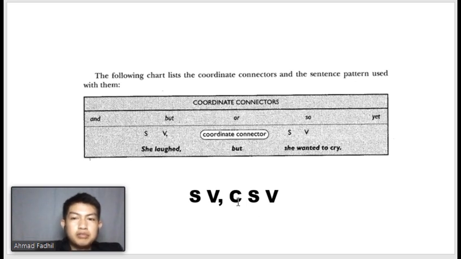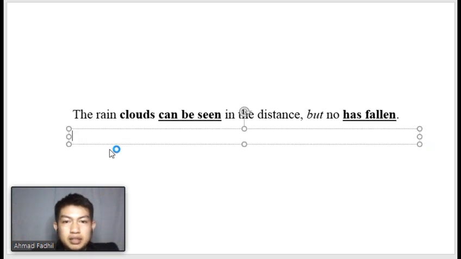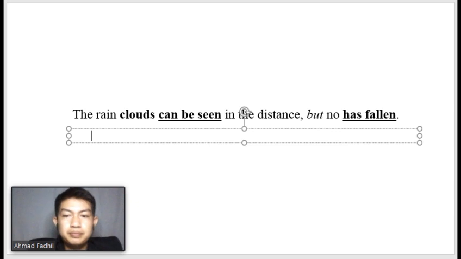This is always the structure, and this is the formula for this Skill 6. Now we move to the wrong example. Here: The rain clouds can be seen in the distance, but has fallen. Look at this. The rain clouds is the subject. Can be seen is the verb.